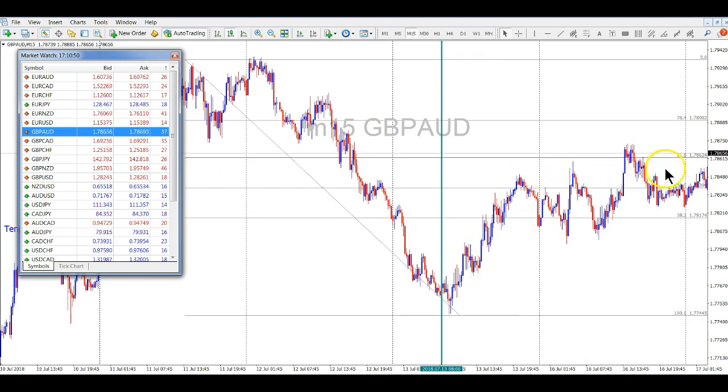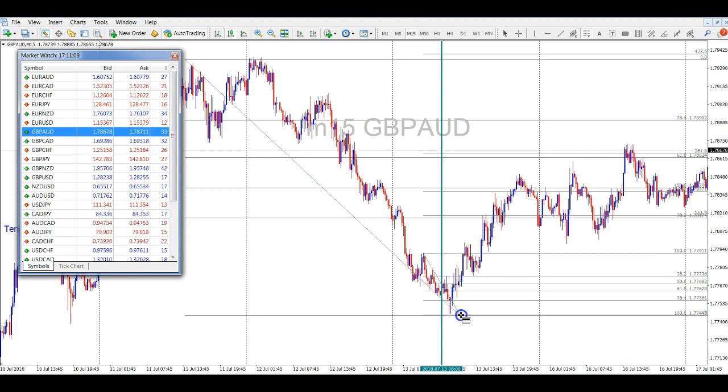What you can do, you can trade counter trend up to that 618. So you see it pull down again. You want to use, if you're going a buy, you pull from the top to the bottom.